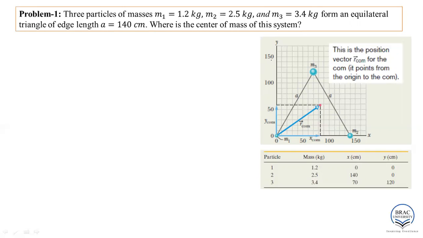And the third particle is placed on the xy plane, and its coordinate is 70, 120, as these values are given in the diagram and the table below. You see here you have 3 particles, these are their masses respectively, and their xy coordinates are given here.